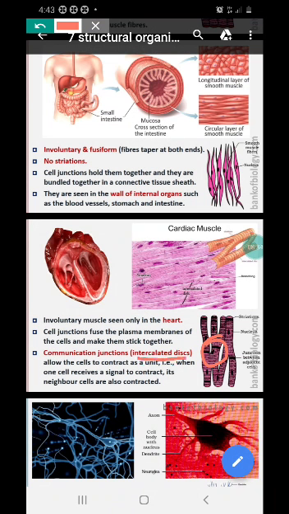What are these intercalated discs for? These muscles are highly rhythmic, right? So when the first muscle starts its contraction, this contraction should be sent at a very fast rate to the other muscle fibers. That is why they are joined together as branches by intercalated discs. Okay, so that is the cardiac muscle.